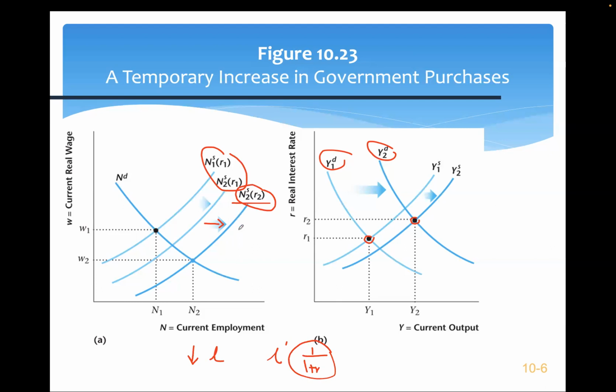Now let's look at the impact on consumption. If the interest rate doesn't change, consumption is not going to change. But unfortunately the interest rate is going to rise. What's the impact on consumption? It's very obvious.